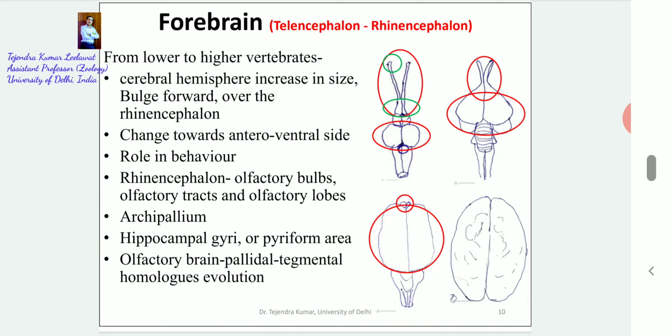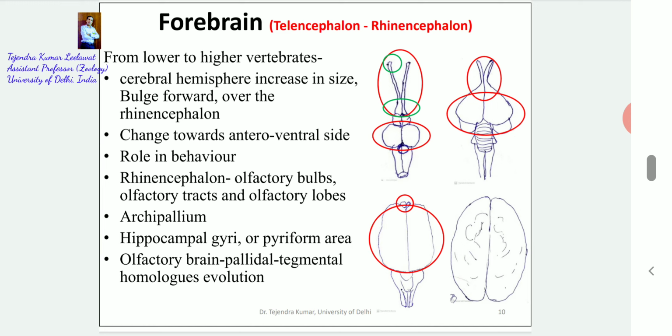anteroventral, because the cerebral hemisphere was in the posterior side as compared to the rhinencephalon or olfactory bulbs, as you can see in the upper images. I marked them here with red and green circles.